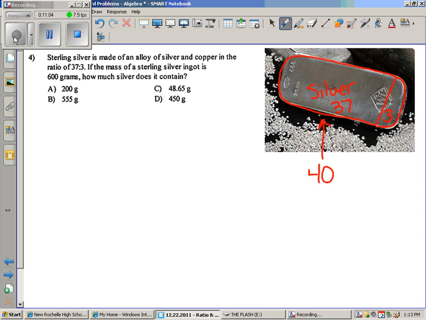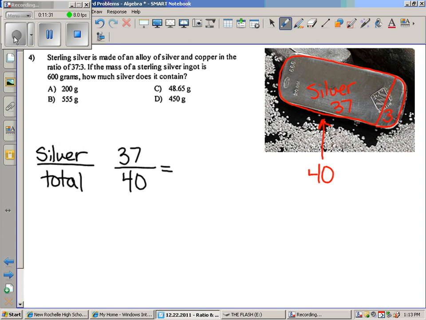It's in a ratio of 37 to 3. Now imagine we're going to make a gigantic bar. 600 grams. Okay? Well, in a normal small bar, the ratio of silver to the total bar is 37 to 40.